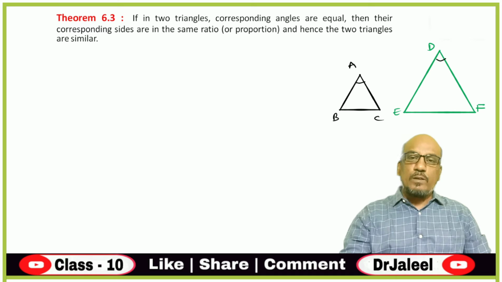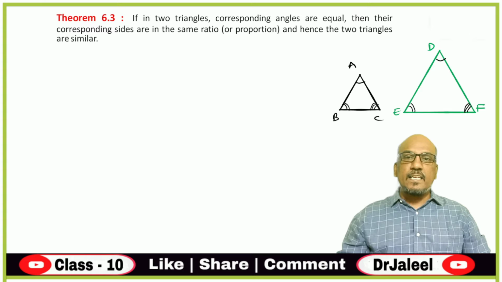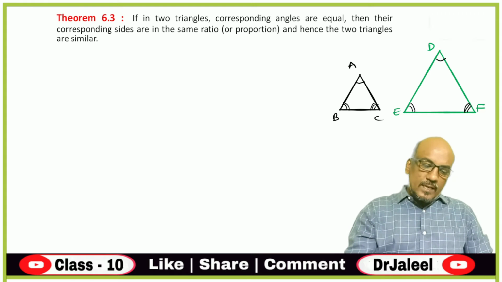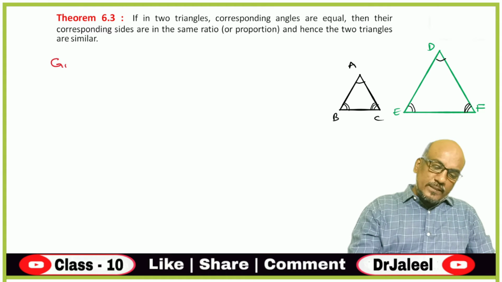That means angle A is equal to angle D, angle B is equal to angle E, and angle C is equal to angle F. Then what do we need to prove? We need to prove that corresponding sides are proportional. Thereby, we can say that both the triangles are similar. So, let's go with given.